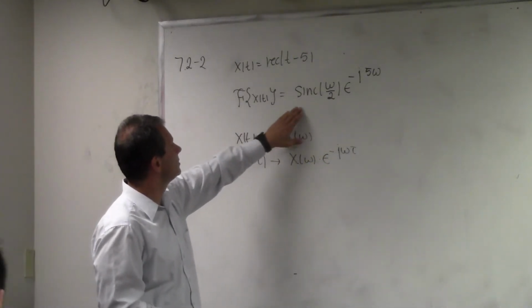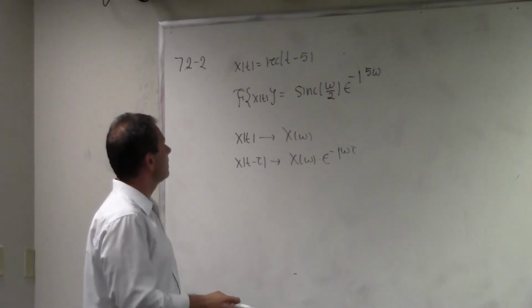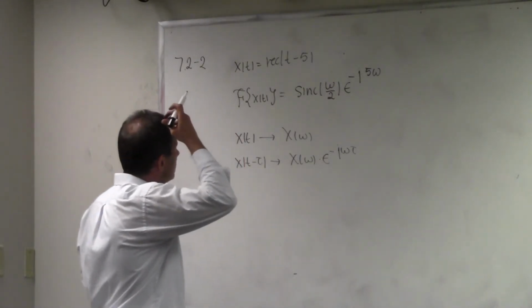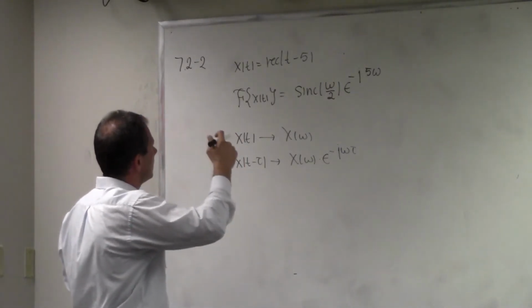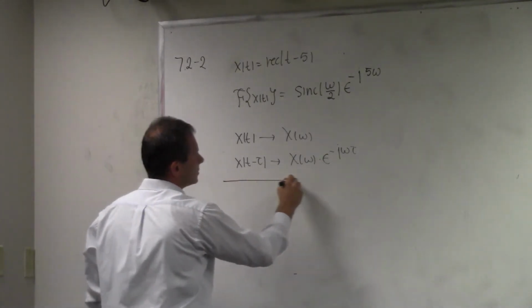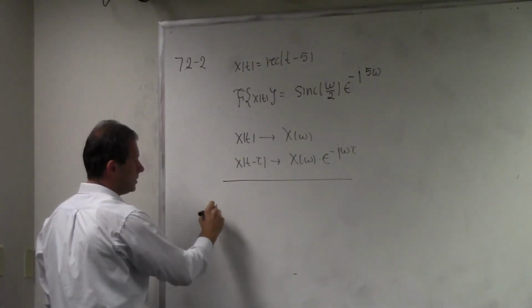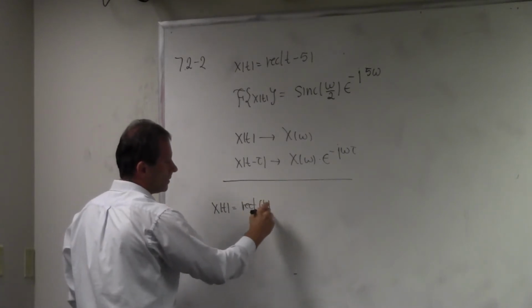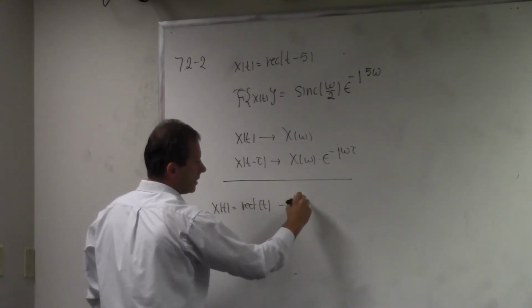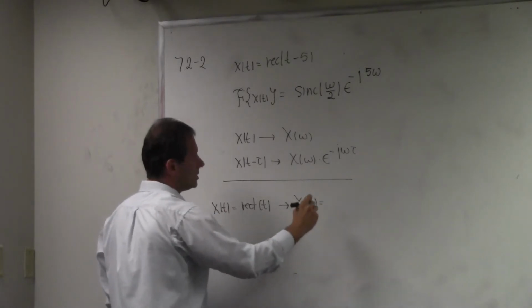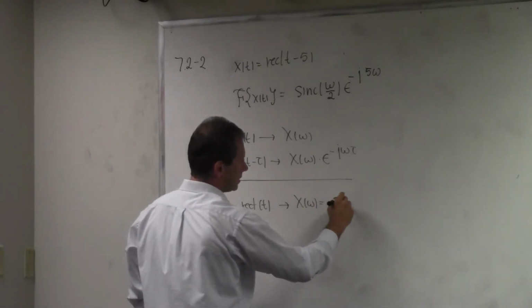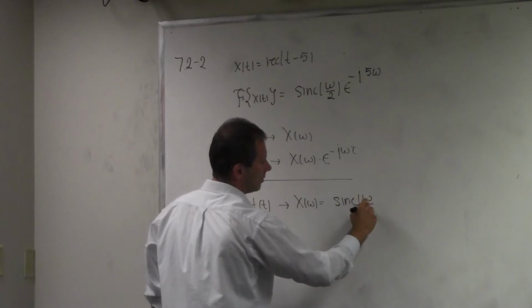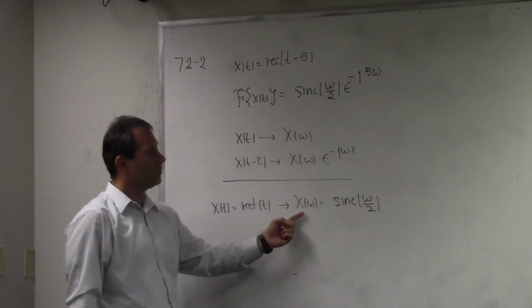So now, it says sketch this. Let's just do this first. Let's look at the signal x of t, which is rect of t. What is X of omega? It is equal to sinc of omega over 2. So this is a Fourier transform.